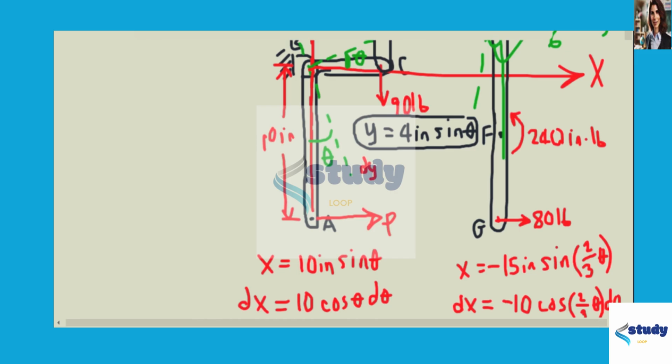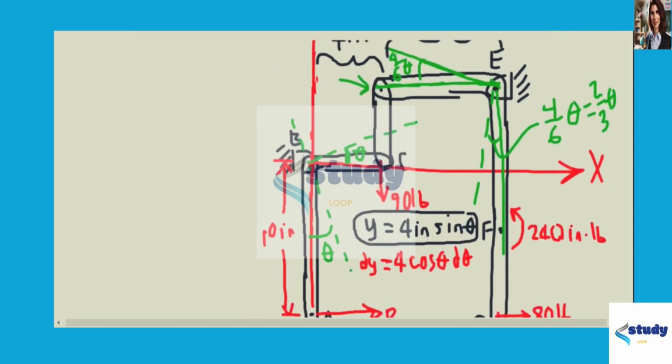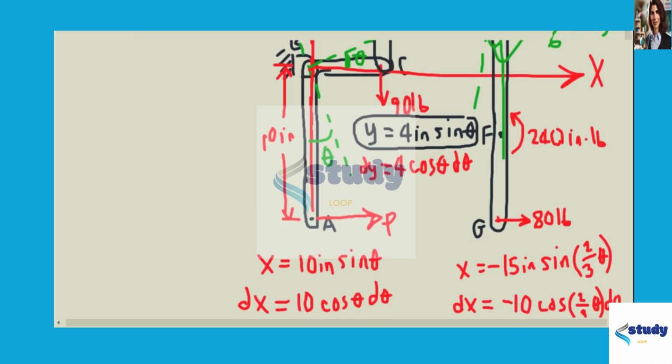dy equals 4 cosine theta d theta. And we also have this moment here.